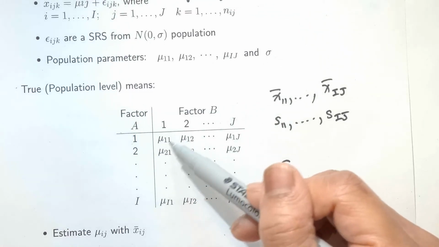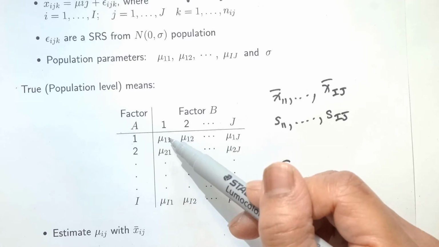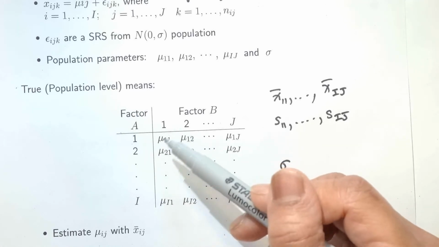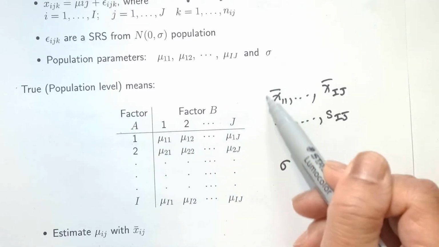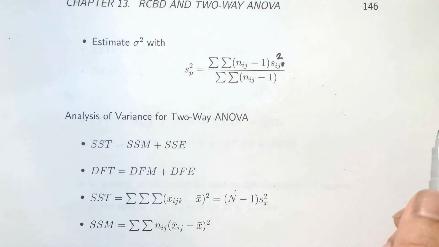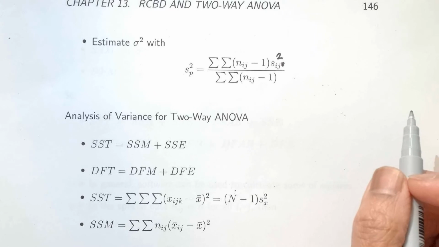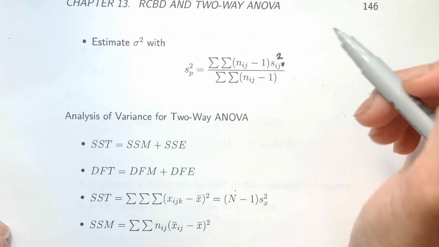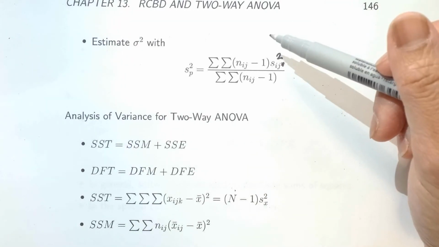So the sample standard deviation is the sum of the squared difference between the observation and the cell sample mean, divided by the sample size minus 1, and then taking the square root.